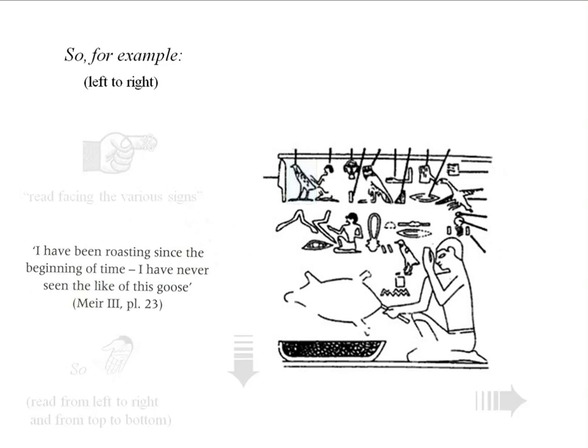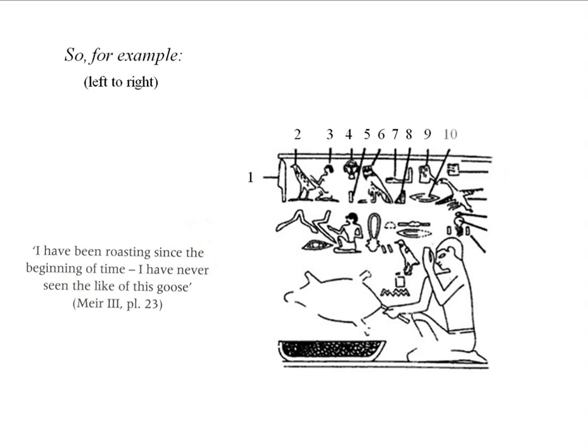We'll show you how this is done. By reading the leaf first, the chick, and then following the man, and then the face, and so on and so forth.